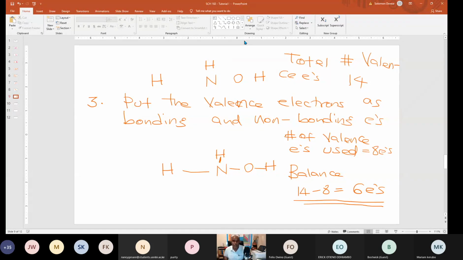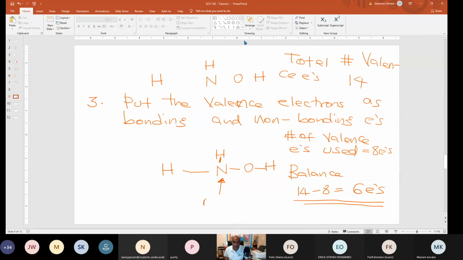Now, we'll use the remaining electrons to fulfill the duet if it is hydrogen, and the octet if it is a period 2 element like carbon, nitrogen, oxygen. So now when you look at this nitrogen, it has formed 3 bonds. One with this hydrogen, another one with that hydrogen, another one with this oxygen. Only 3 bonds. It has got only 6 electrons.